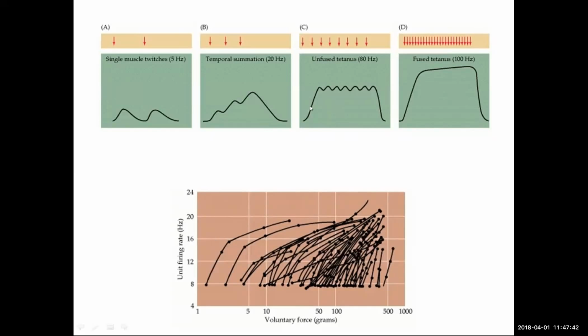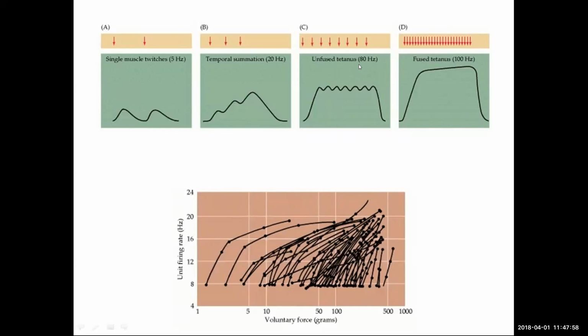and you get a larger muscle force. If the impulse frequency is higher, say 80 hertz, you can see that you get a sort of tetanus contraction, and the higher the frequency, you will get what we call a sustained contraction.